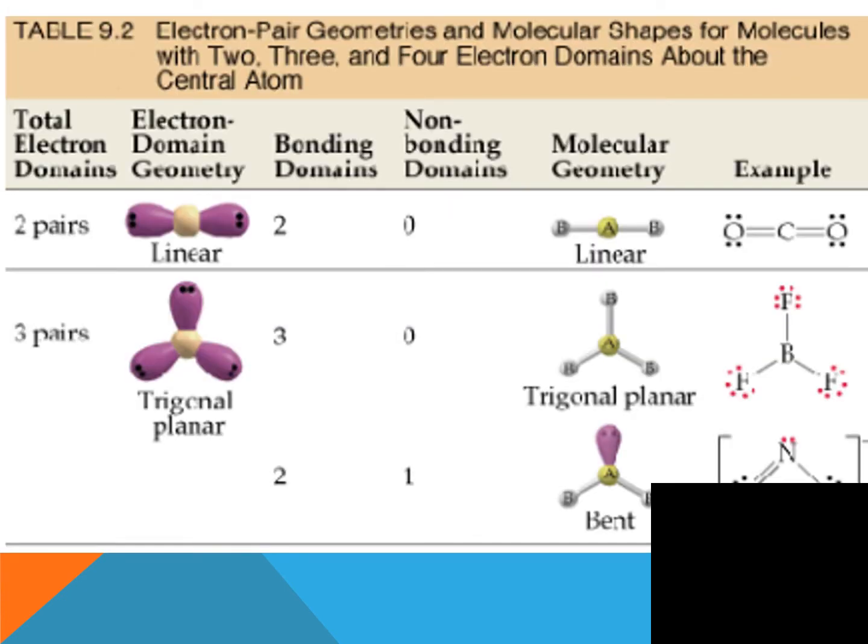All right, so here are some other examples. A linear one is an example of CO2. There's two bonding sites. There's no lone pairs. Trigonal planar has 3 domains, but no lone pairs, so it makes a plane of 120 degrees. And then you can also have 3, but with 1 lone pair, for example, a nitrite ion, NO2, which causes a bent shape with a lone pair.